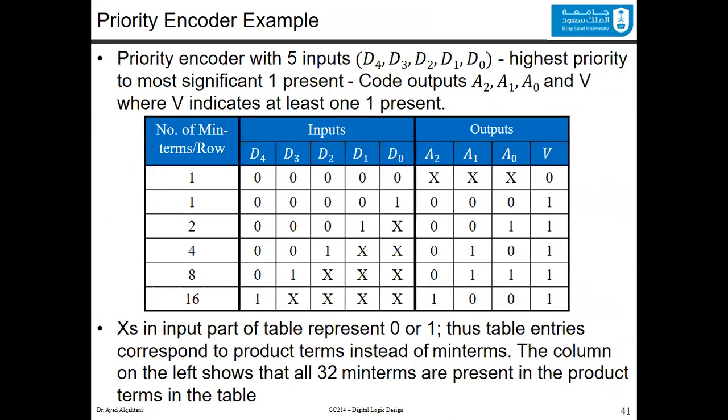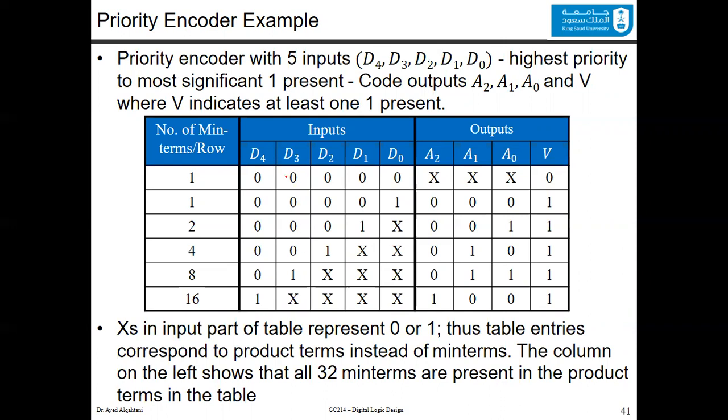After that, we will go to the priority encoder example. Now, what if we have 5 inputs? Now, we cannot use the Karnaugh map anymore. If we have a 5 input like this, and we consider the same idea, we have starting from 0, 0, 0, 0, 0, up to 1, 1, 1, 1, 1.